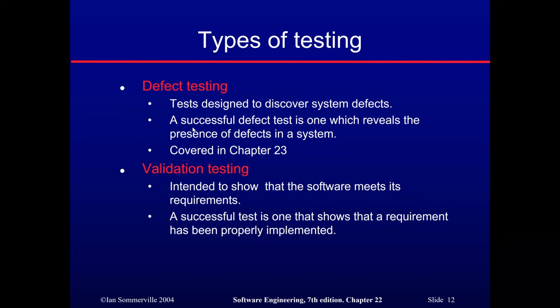That's why I told you in the previous slide that testing is a psychologically destructive activity, because a successful defect test actually shows an error in your system, something that you have to locate and correct.